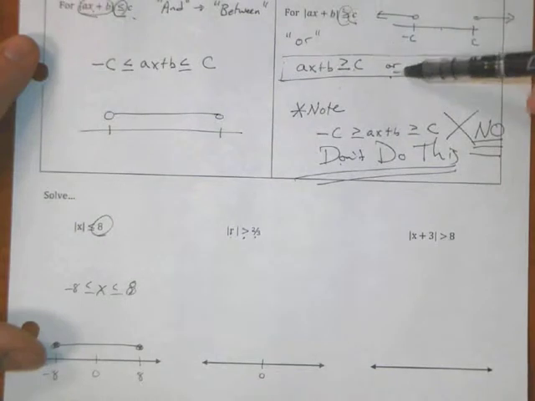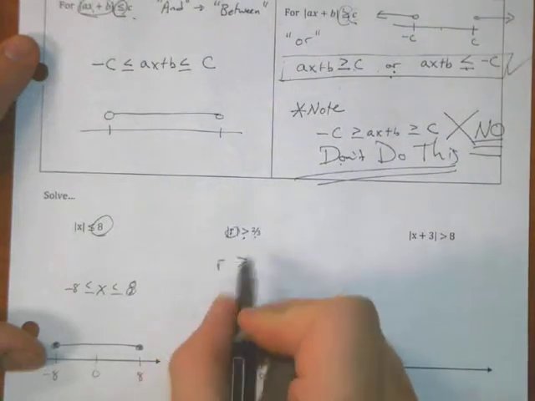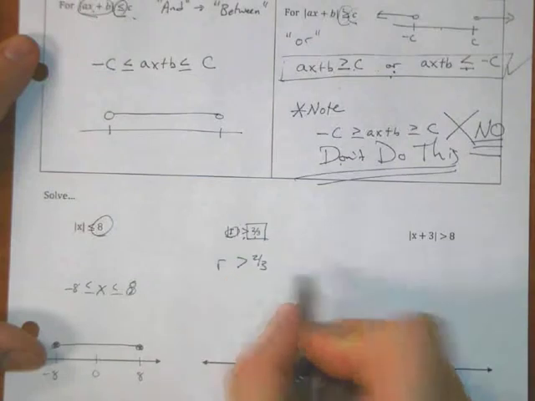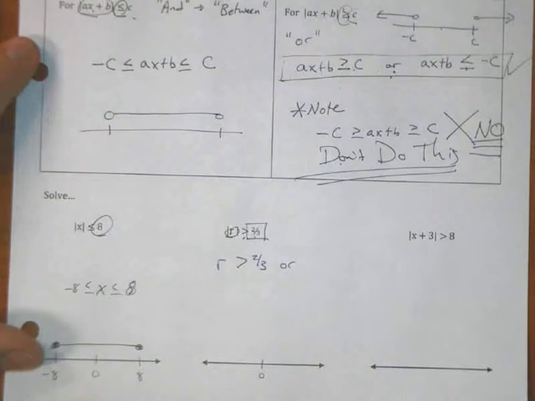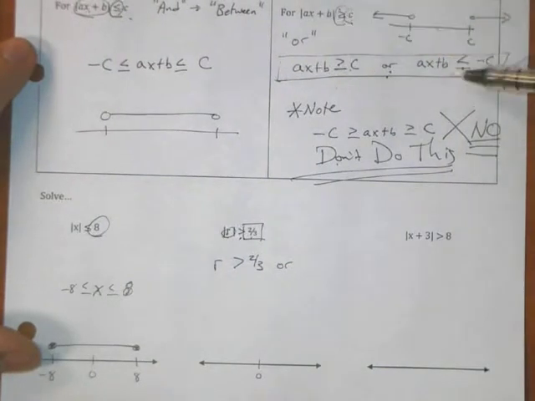Bigger than is or. So I'm going to get two things. I'm going to take whatever's inside is bigger than this number, or whatever's inside is less than the opposite of that number.